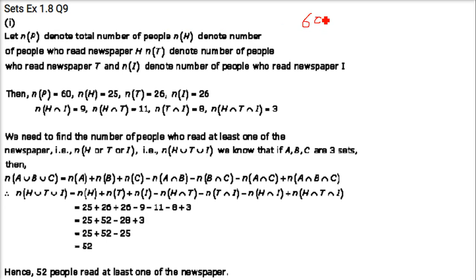Next one, in a survey, 60 people are being surveyed.